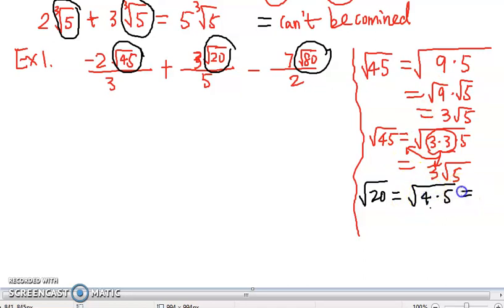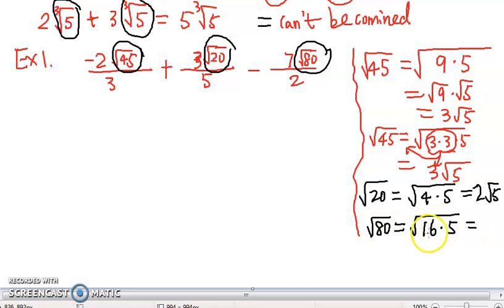The square root of 4 is 2, and square root of 5 stays as square root of 5, because 5 is not a perfect square. And similarly for 80, if you can see that 80 is 16 times 5, that would be great. If you can't, you're going to have to break it all the way down and take out 2 copies of the numbers. Here I'm just going to do the quick way.